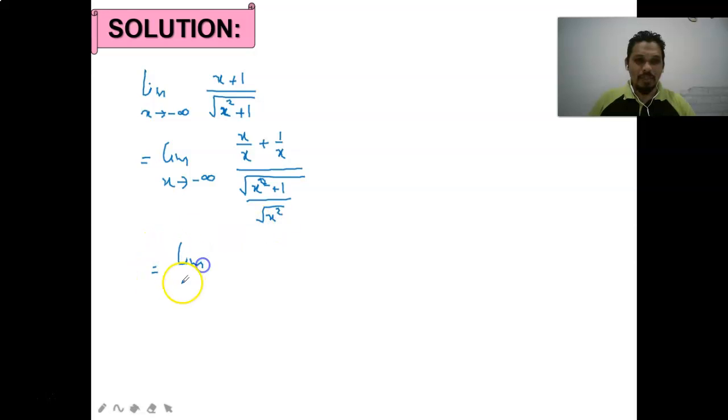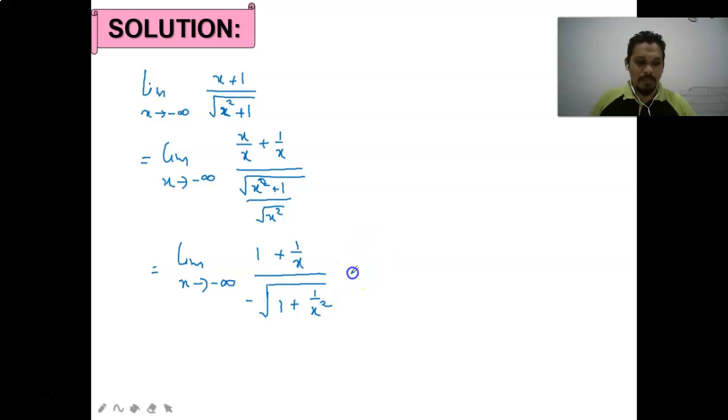So we come out with the limit of x approaching to negative infinity, x divided by x equal to 1 plus with 1 over x. Okay, and because x approaching to negative infinity, then come out with negative square root of x squared divided by x squared equal to 1 plus 1 over x squared.